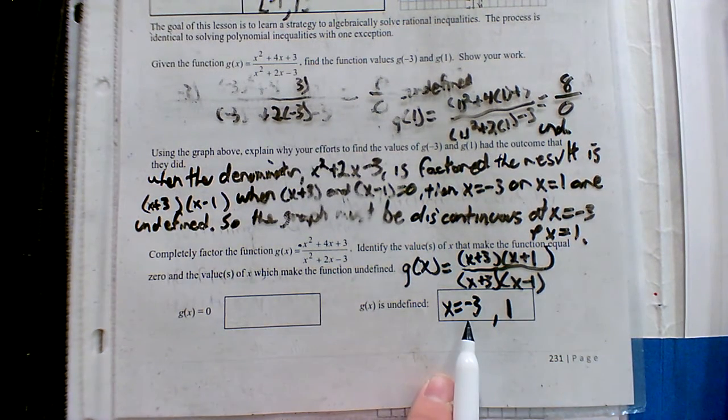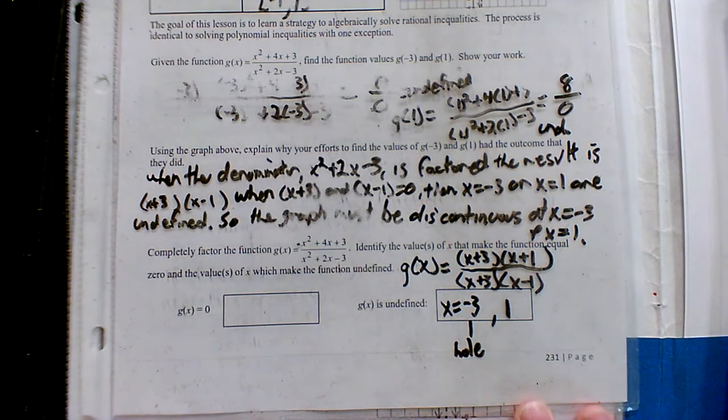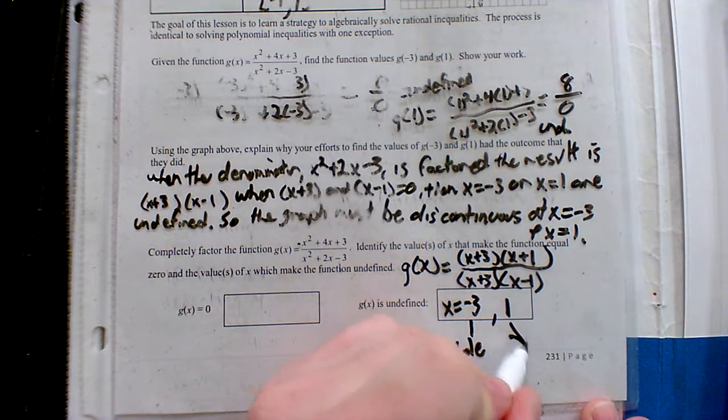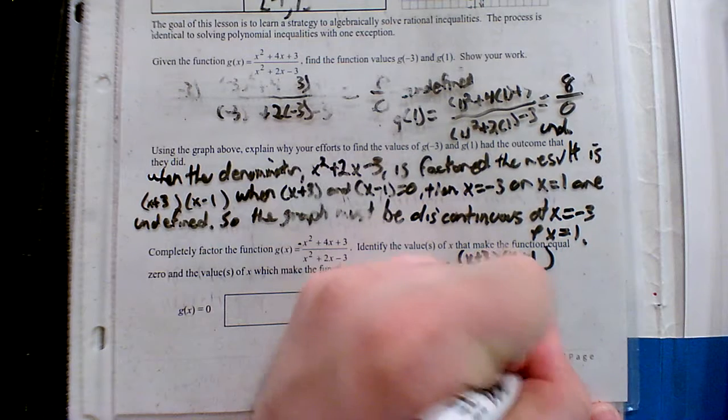What's happening at the negative 3 spot that's causing the discontinuity? There's a hole. Okay, very good. What about at the 1 spot? The asymptote. Yeah, vertical asymptote.